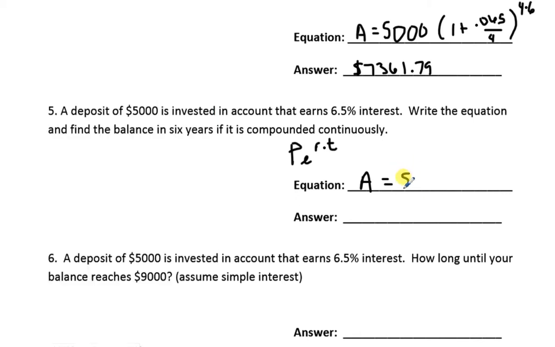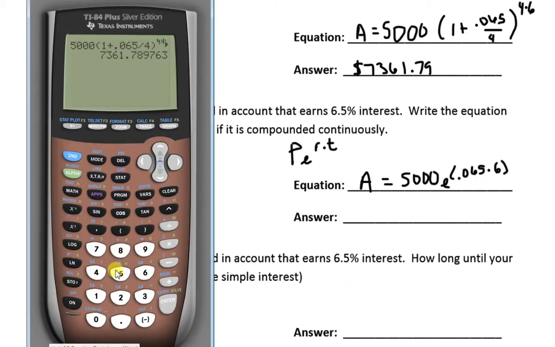But we started with 5,000 times e, and then I'm going to put this in parentheses because this one's a little bit harder to do in your head. 0.065, the rate, times the time, times 6. That's multiplied. 0.065 times 6. And so you would do that like this. 5,000, e, which is right above the division symbol.